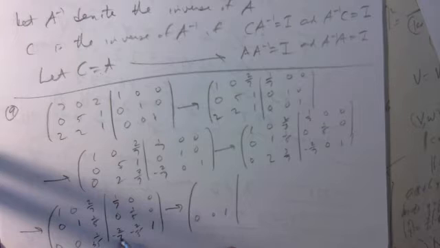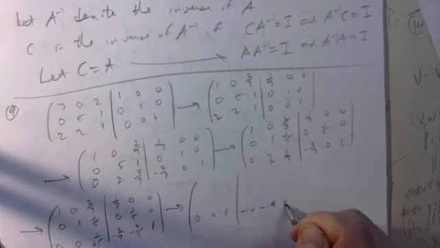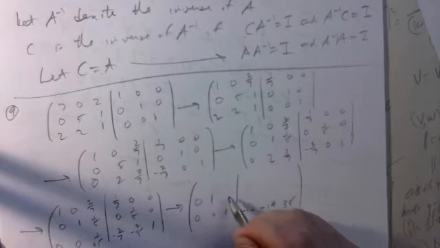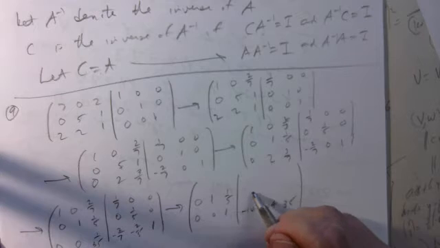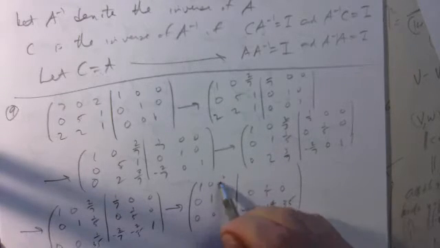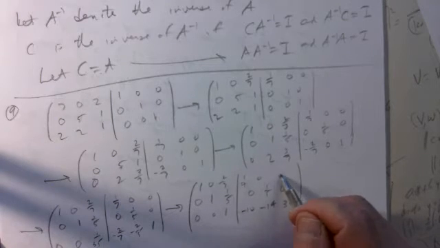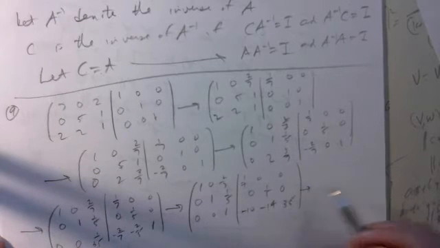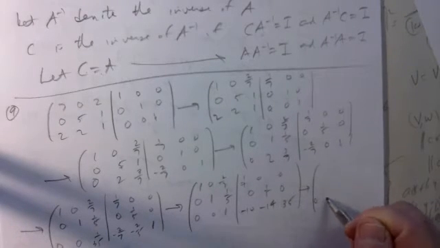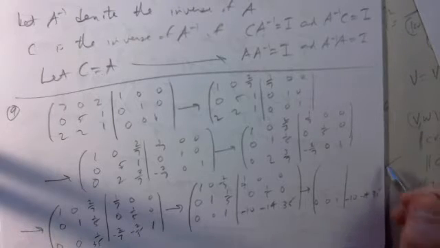When I multiply this by 35, I get minus 10, minus 14, 35. So if I've done this correctly, 0, 0, 1, minus 10, minus 14, 35.